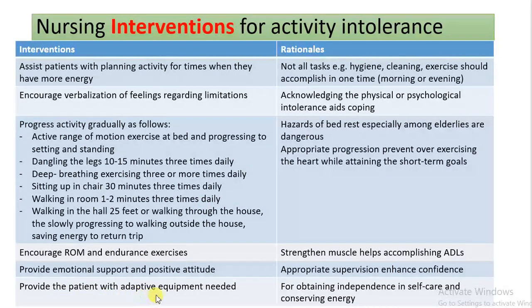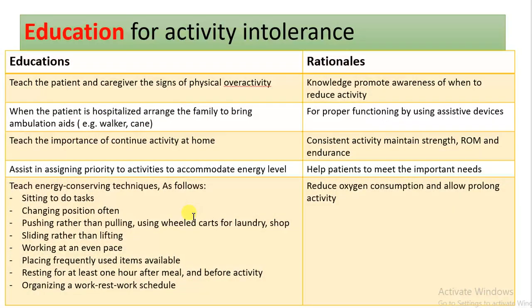Provide the patient with adaptive equipment as they need it, for example, a crutch, a walker, and so on. It helps them to obtain their independence in self-care and also conserve their energy.